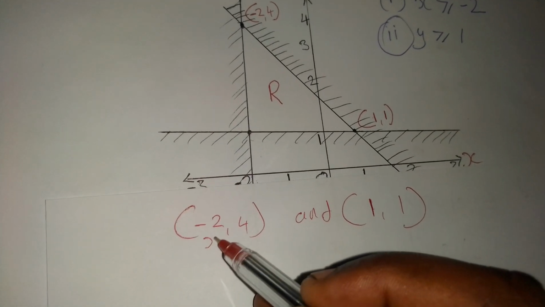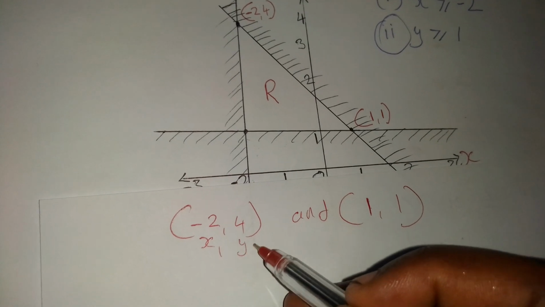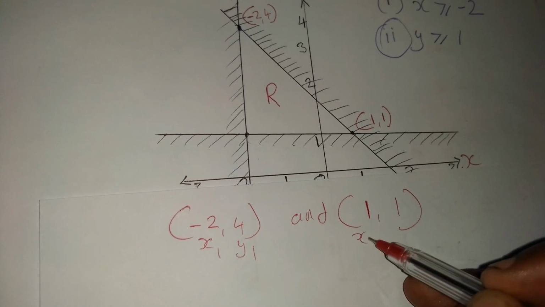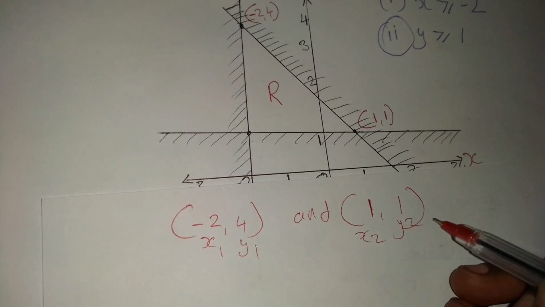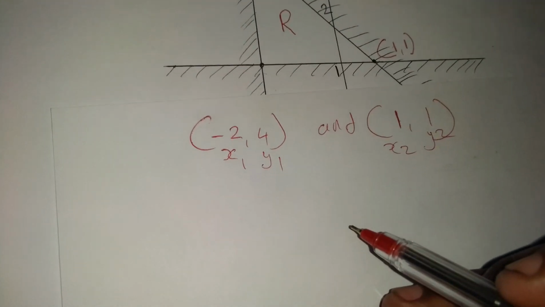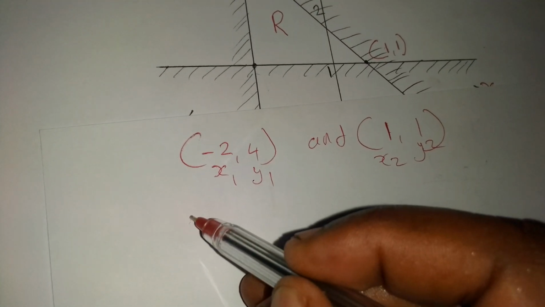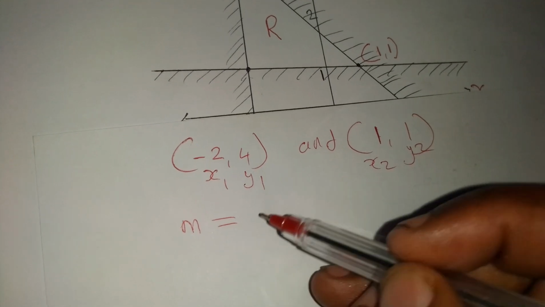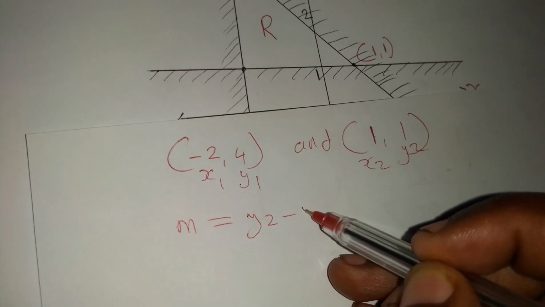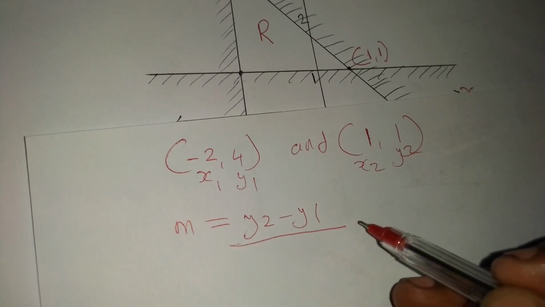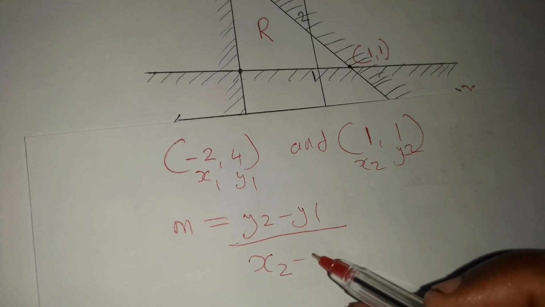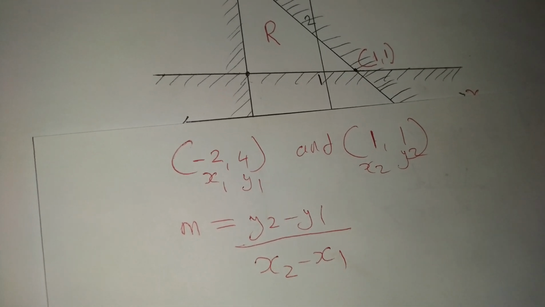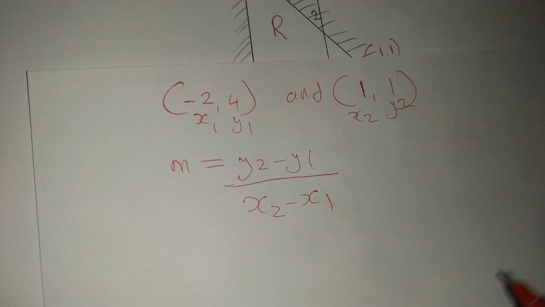So this will be x1, this y1, then here x2, then this y2. We all know that the formula for gradient is m equals y2 minus y1 over x2 minus x1. This is the formula for gradient.